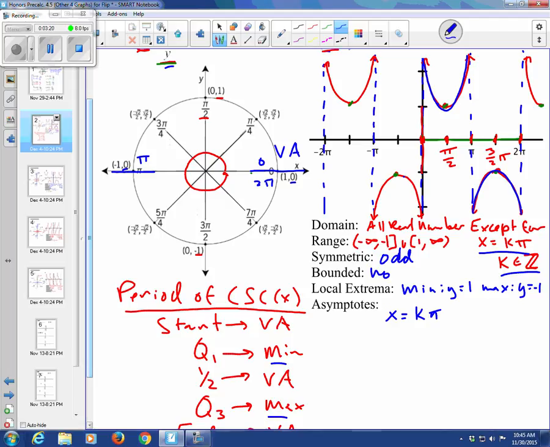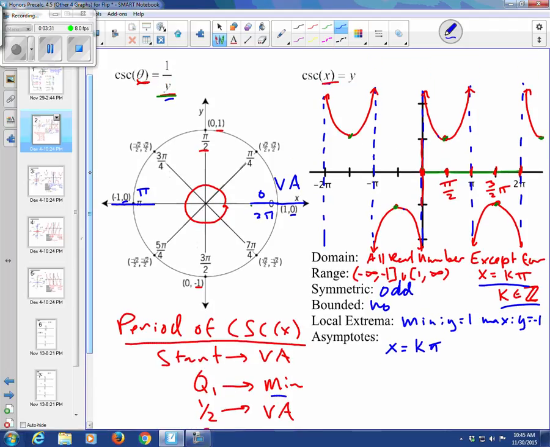Another way that we can see the graph of cosecant is if we graph the reciprocal trig function, which of course is sine. We see a wave that looks something like this, and we can see that the cosecant function is a reflection of the sine function across its extrema.